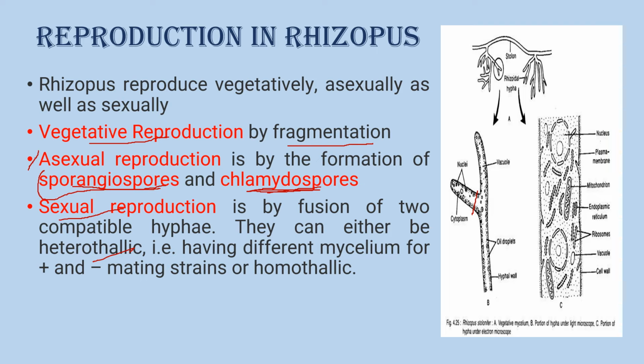Most Rhizopus species are heterothallic, which means there are two strains of hypha, and only when these opposite strains come in contact do they have sexual reproduction. But Rhizopus sexualis is the only species of Rhizopus which is homothallic, that is, physiologically the same type of hypha can fuse to form the zygospore. So only one species, Rhizopus sexualis, is homothallic, and all the rest are heterothallic.